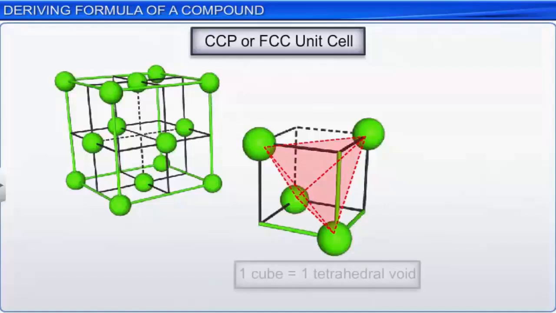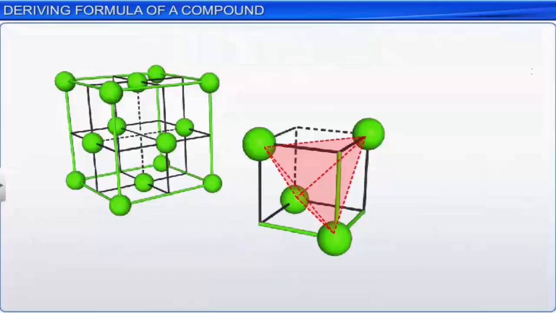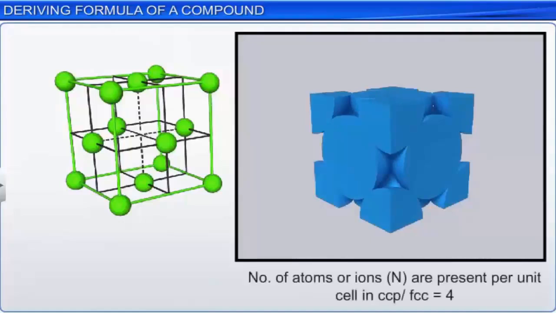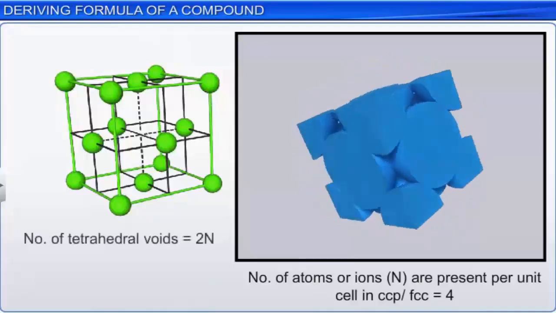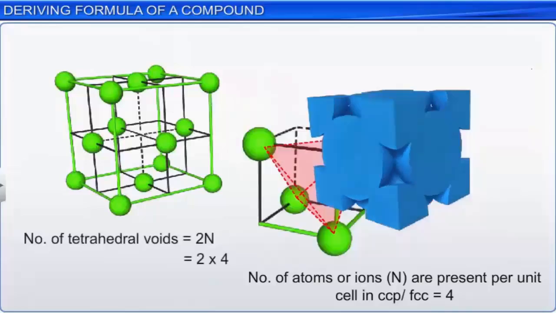As each small cube has one tetrahedral void, there are a total of 8 tetrahedral voids in a CCP or FCC unit cell. Also, you know that in a CCP or FCC unit cell, 4 atoms or ions are present per unit cell. Thus, the number of tetrahedral voids is 2 multiplied by 4, that is 8.